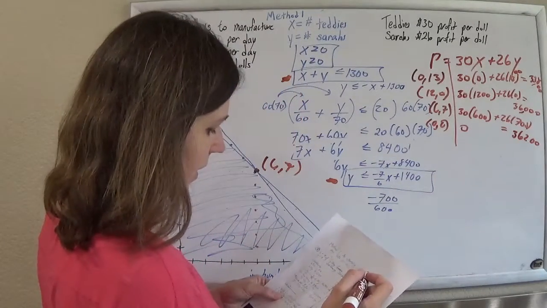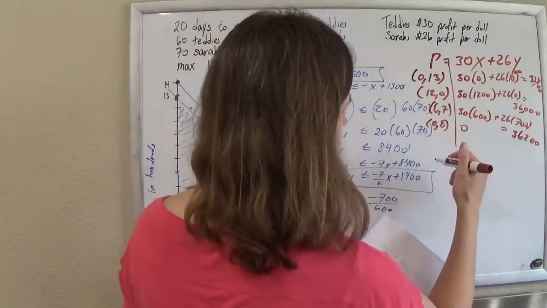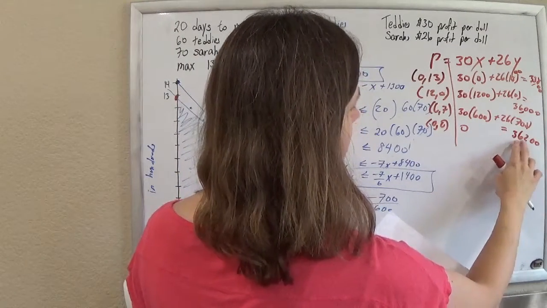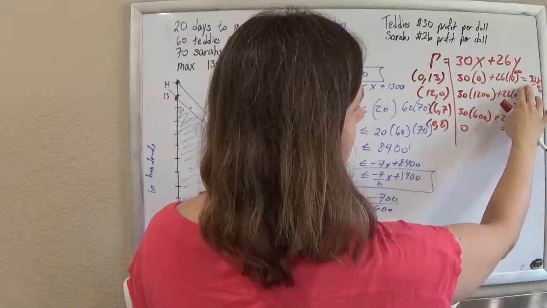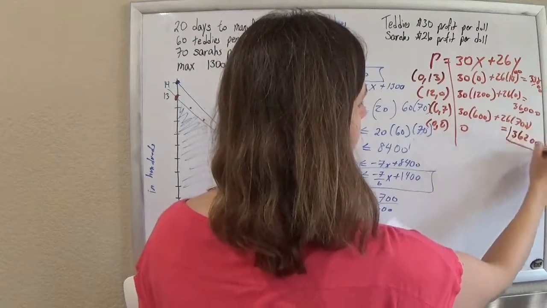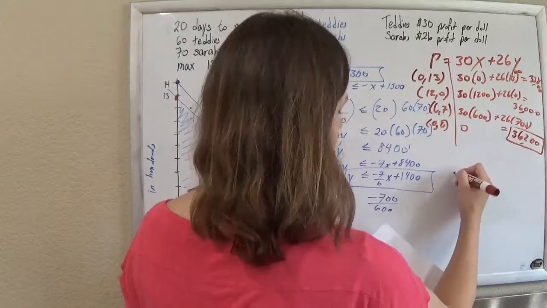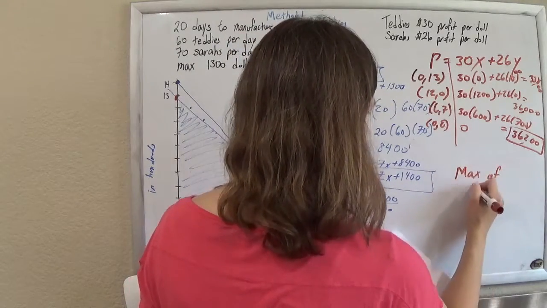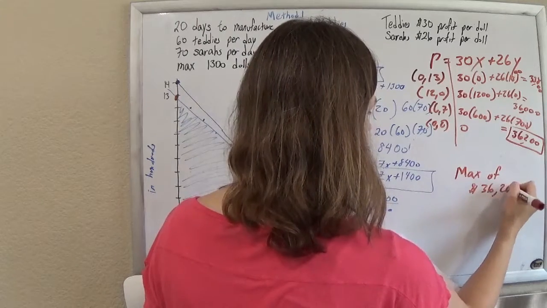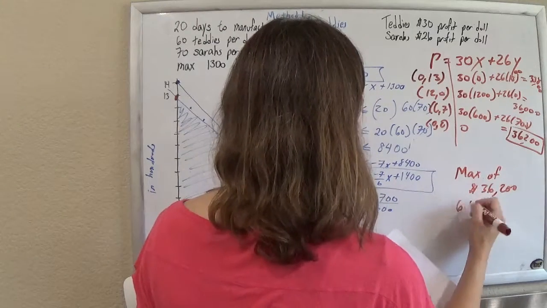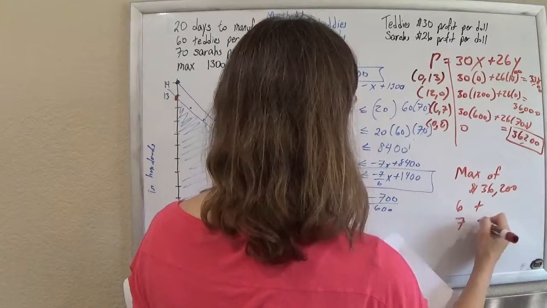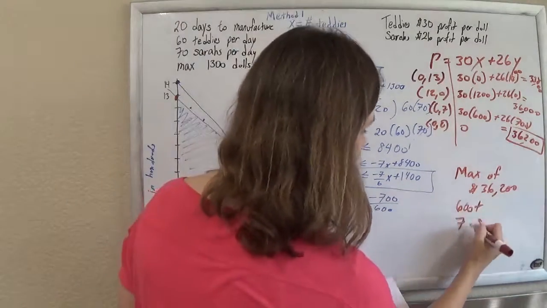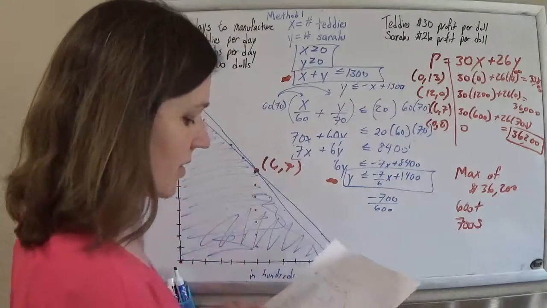So the biggest guy here is this: 36,200 is bigger than 36,000, is bigger than 33,800, so that is the biggest profit. So we make a max of $36,200 when we make 6 Teddies and 7 Sarahs. Or, 600 Teddies and 700 Sarahs.